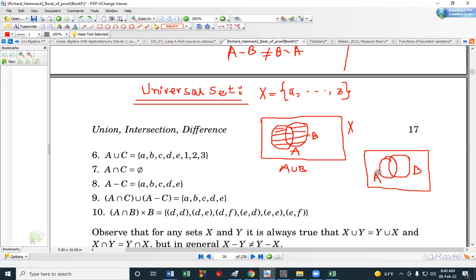So which area is common to both circular regions? This area is common to both, so this is our intersection.